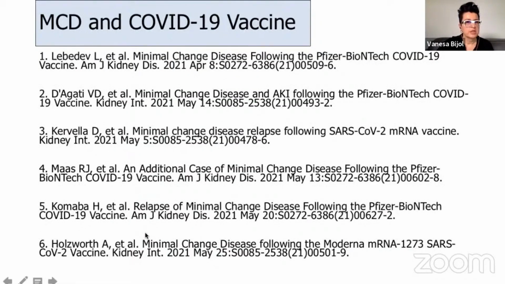I'm also going to mention that with COVID-19 vaccination, we're also seeing reports of glomerular disease, particularly minimal change disease, and ANCA vasculitis has been described in association with vaccine. So we are not done with learning about kidney pathology in COVID-19.